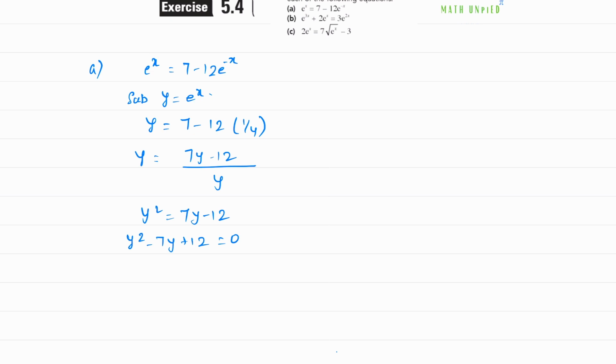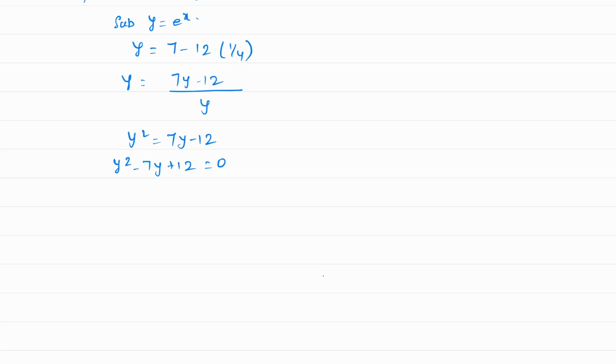So how to go about this? We can split the middle term. If you add, it should give negative 7, and if you multiply, it should give plus 12. So we can split like this: y squared minus 3y minus 4y plus 12 equals 0. So negative 3, negative 4 will give negative 7, and negative 3 times negative 4 will give plus 12.